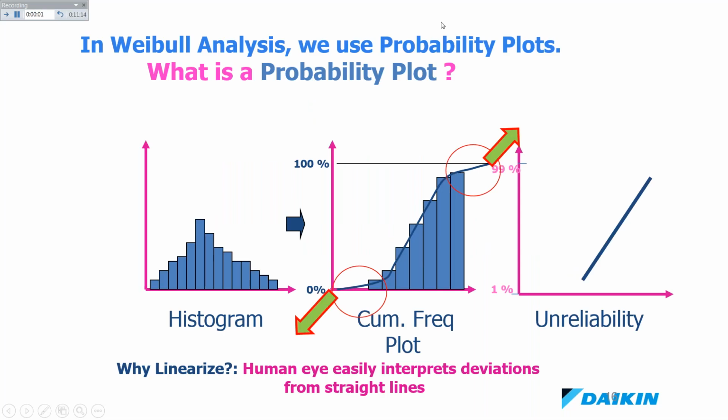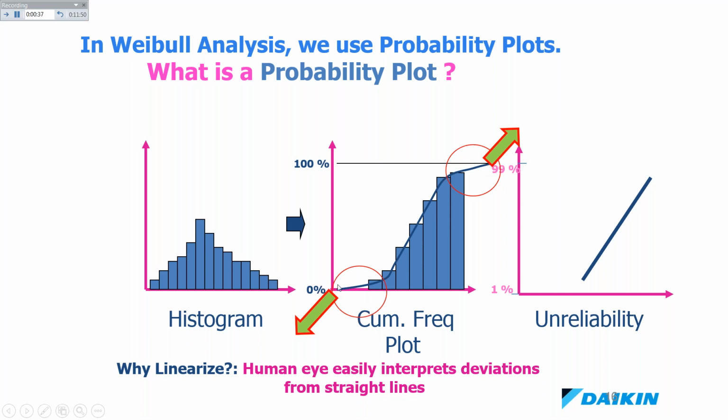A reliability plot, any probability plot, would look like this. It's a straight line, and you would probably find 1% to 99%, not 0 to 100. But let's begin with a histogram. We're all familiar with that. When we put each rectangle on top of each other, we get this cumulative frequency plot. The cumulative distribution function is what we get when we connect the top midpoints, which is kind of an S shape.